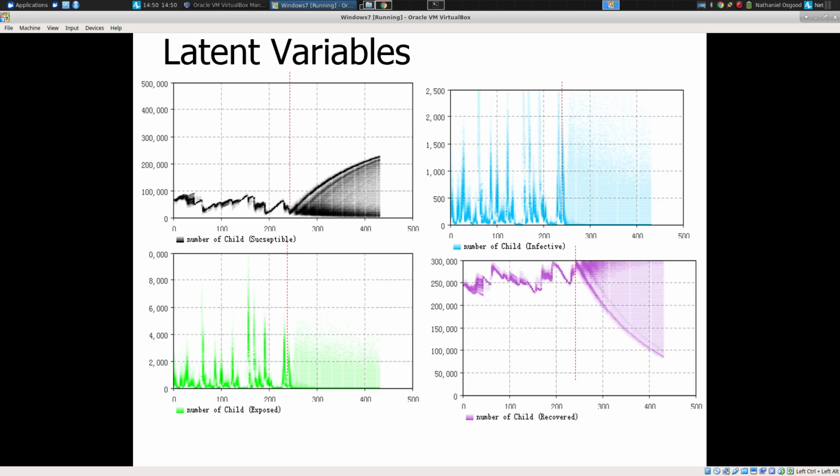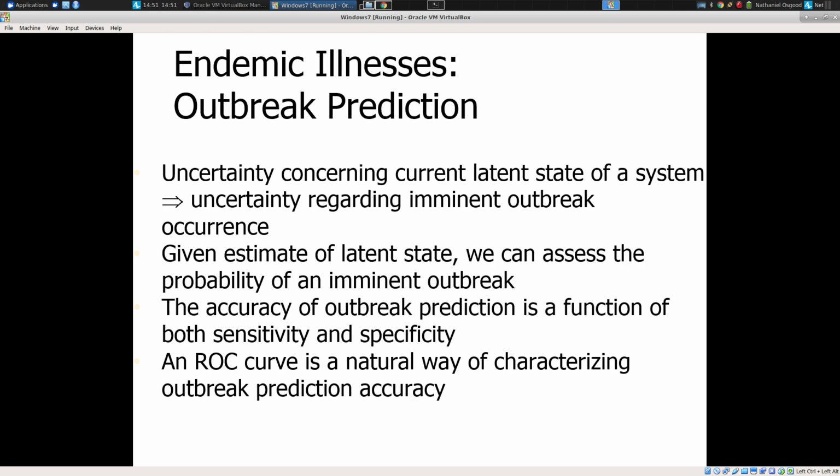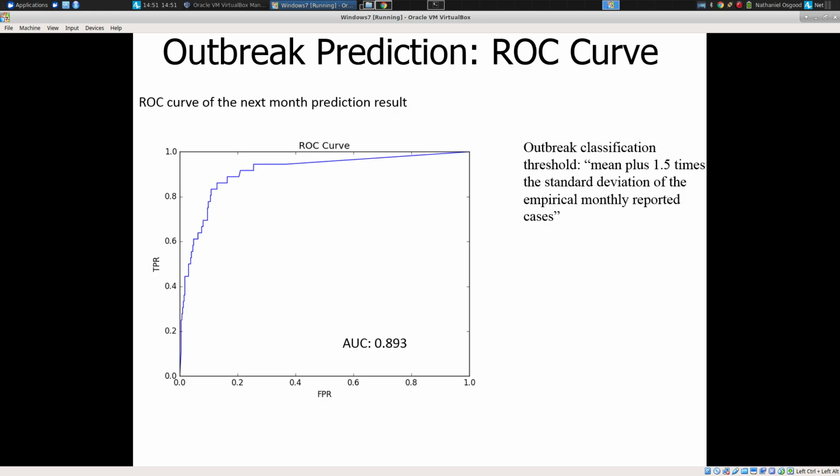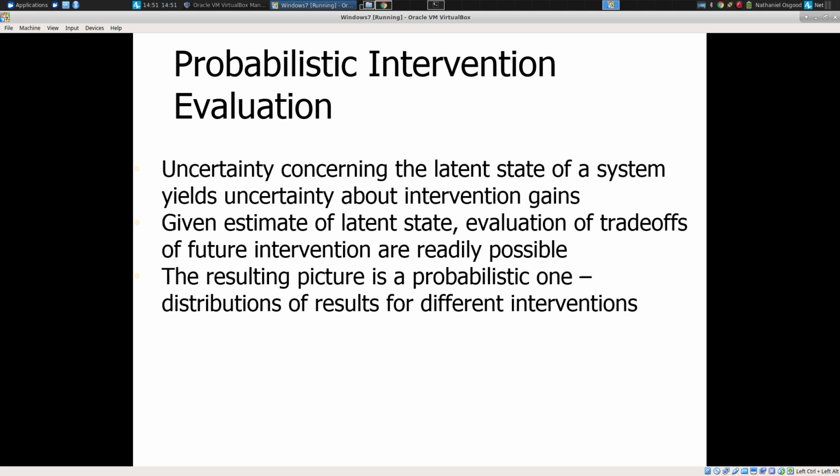So, in short, the ability to predict forward is just an extension of the ability to estimate the current situation in the model, which in some cases includes parameter values that are changing over time. For example, changing contact rates or changing reporting rates associated with new cases. So Xiaoyan will explicate that for the case of measles and pertussis. This is something Xiaoyan will cover, so I won't cover that. It's due to her other work.